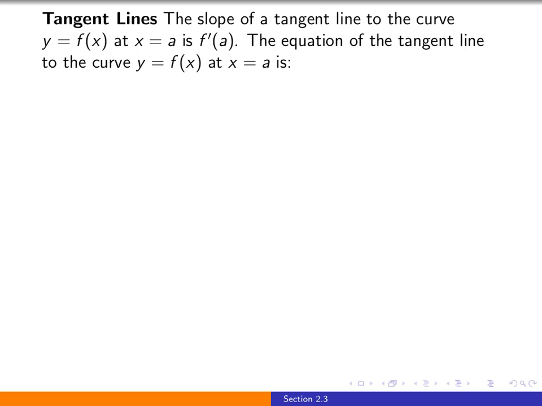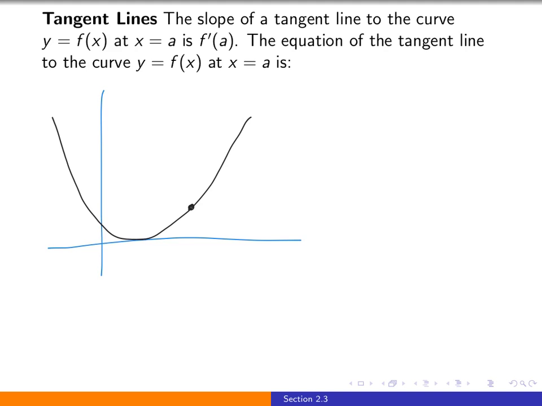So with this in mind, if we wanted to write down the equation of that tangent line, I'm starting off, I have some function, and I'm interested in the tangent line at a value x equals a.